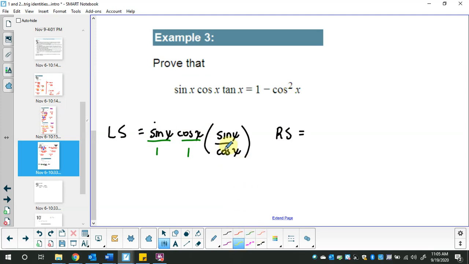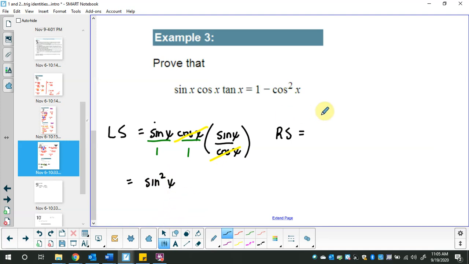I want to write a little bit less, so because this is all multiplying and dividing and no adding and subtracting, I can cancel a cos x on the top with a cos x on the bottom. Nothing else to clean up. So that ends up with sine squared x over 1 for the left side.